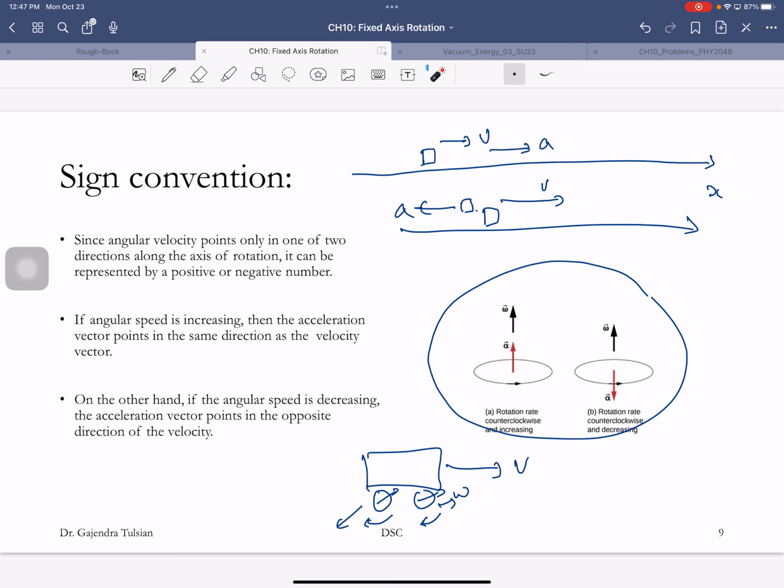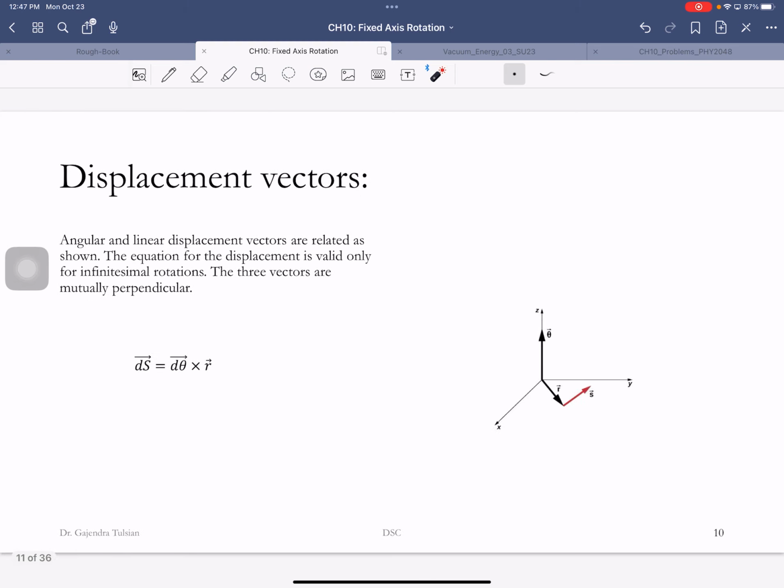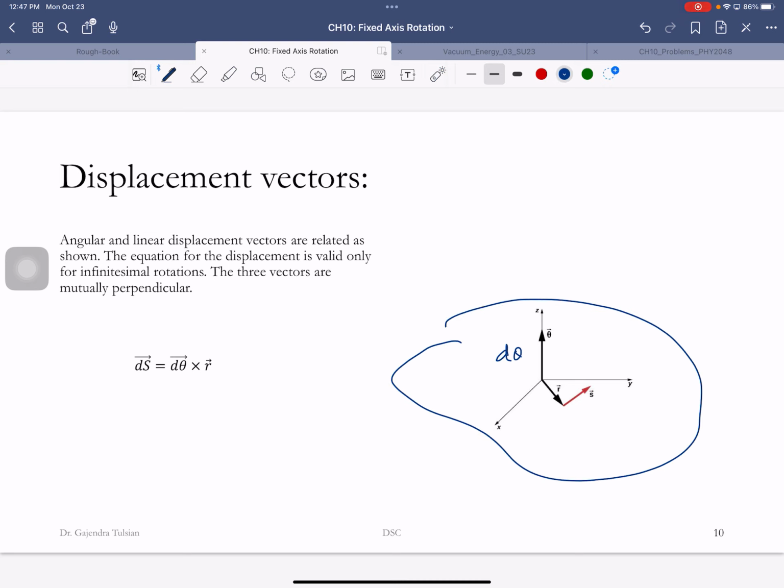All right, so again, like I said, even though these two motions look very different, a lot of what we learned here applies to this situation as well. Okay, this actually only applies for infinitesimal quantities, so this should be for d theta. What this diagram is telling you is, here's an object which is spinning in this direction about that axis.